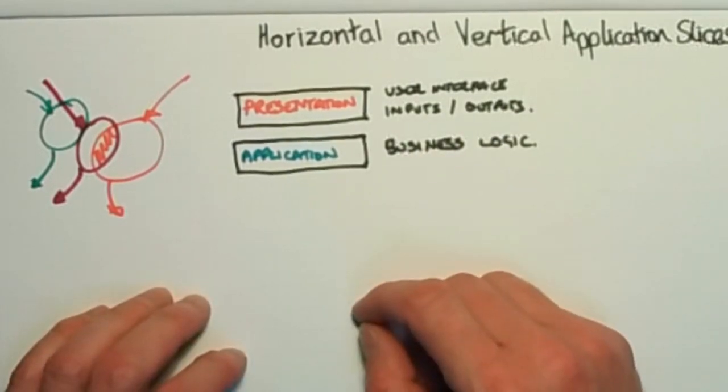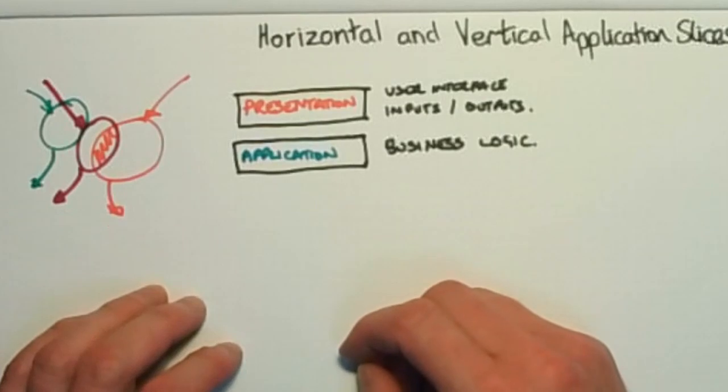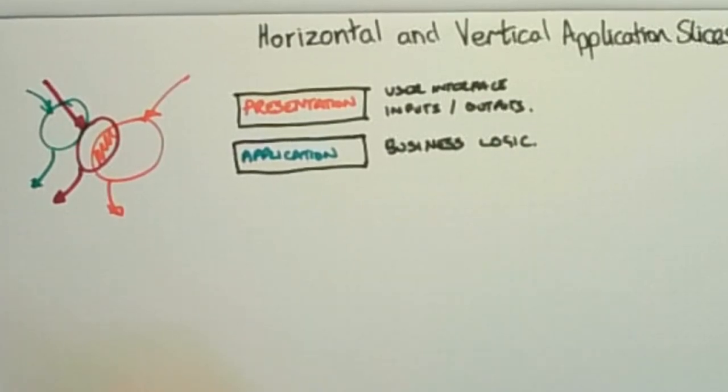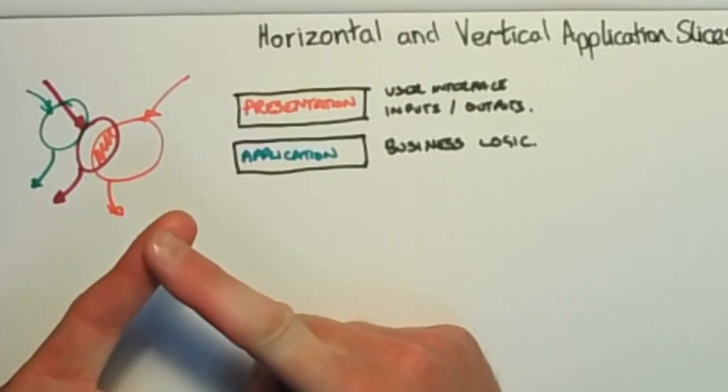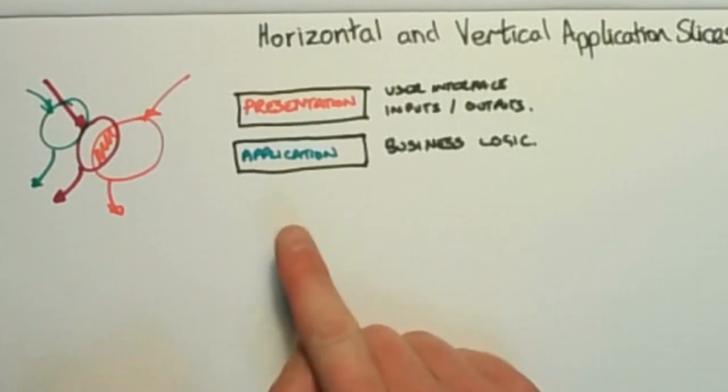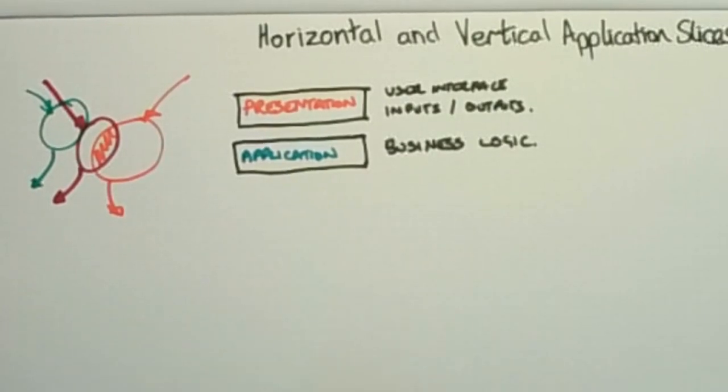Okay. The last bit of this, every application these days has some kind of data. That could be coming from another website, it could be coming from a file, but more than likely it's going to be coming from a database. And this is your data access layer.